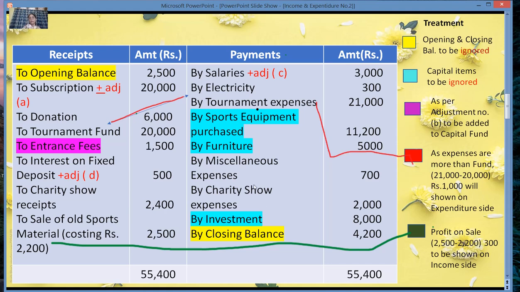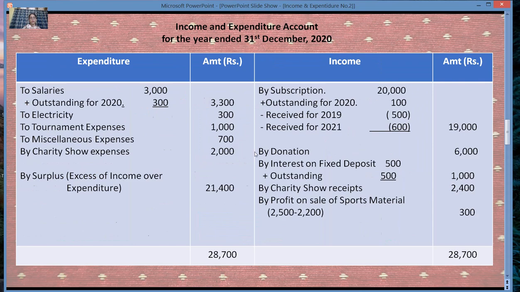Miscellaneous expenses 700 and charity show expenses 2,000. After the adjustments, we find that the income side is higher than the expenditure side, so we have a surplus. Now how much is the surplus?